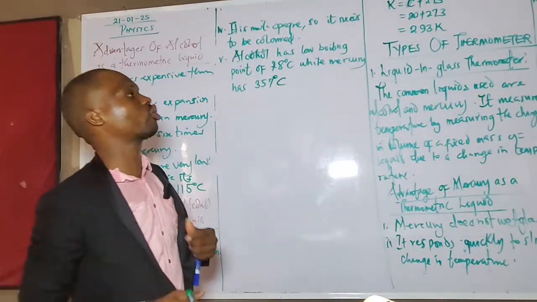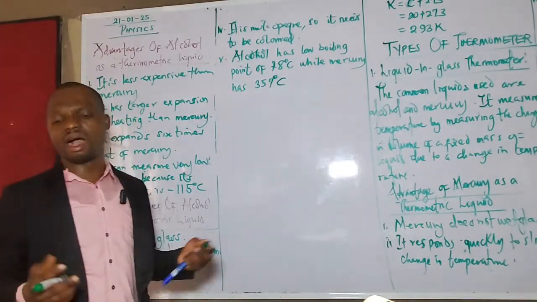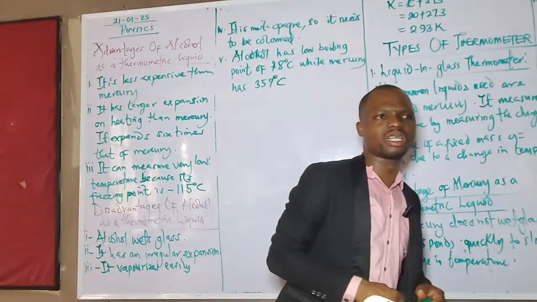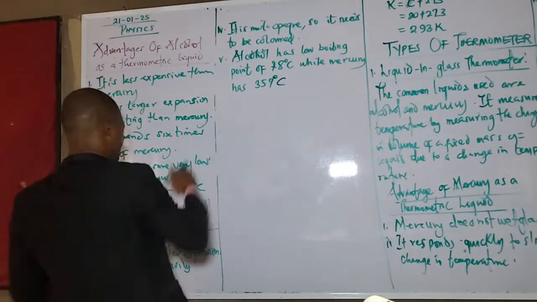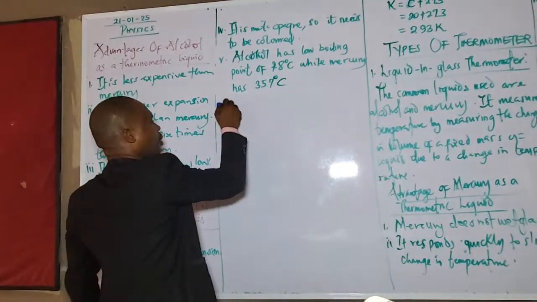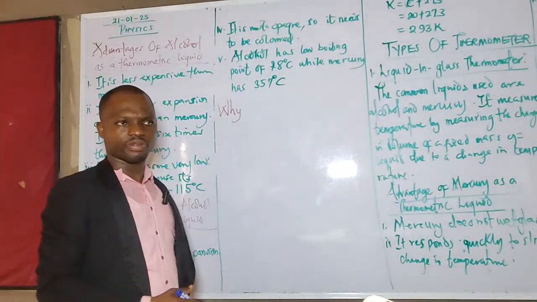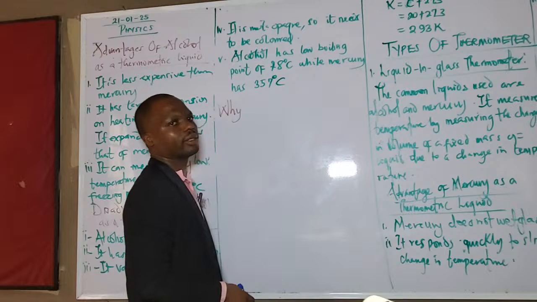Now, we have looked at these two thermometric liquids, but we need to know about water. It can be asked in a question, why is water not used as a thermometric liquid? It's a very common question. Let's look at it too. We have water so abundant in nature. 75% of the earth is covered with water.